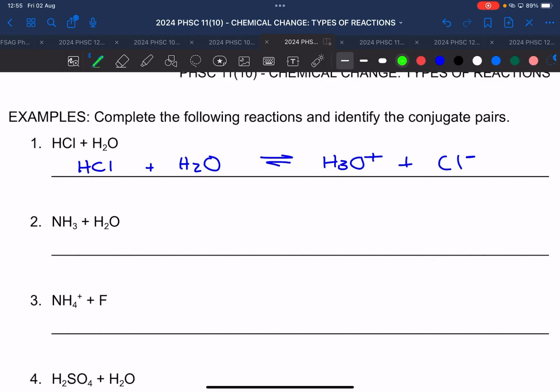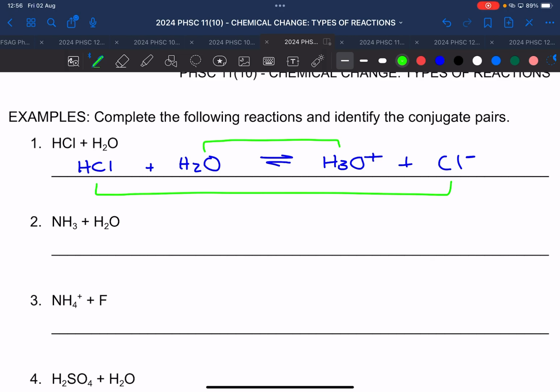Not the same as, similar to. Similar to. Then H2O similar to hydroxide. Hydronium ion. I say acid, you say? Okay, thank you very much.